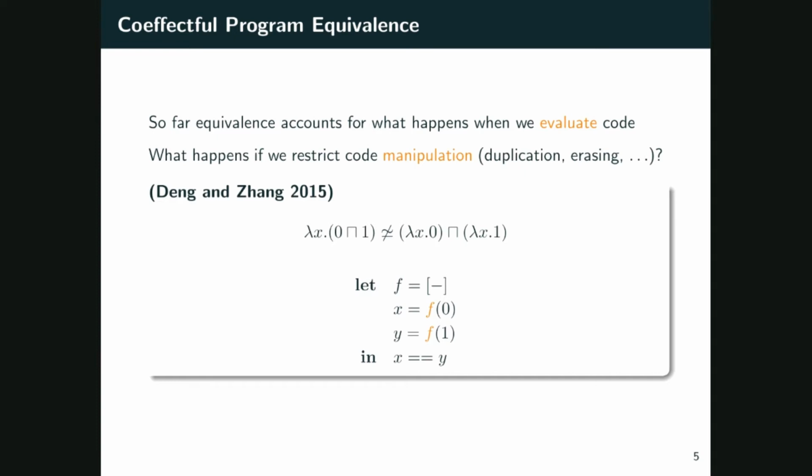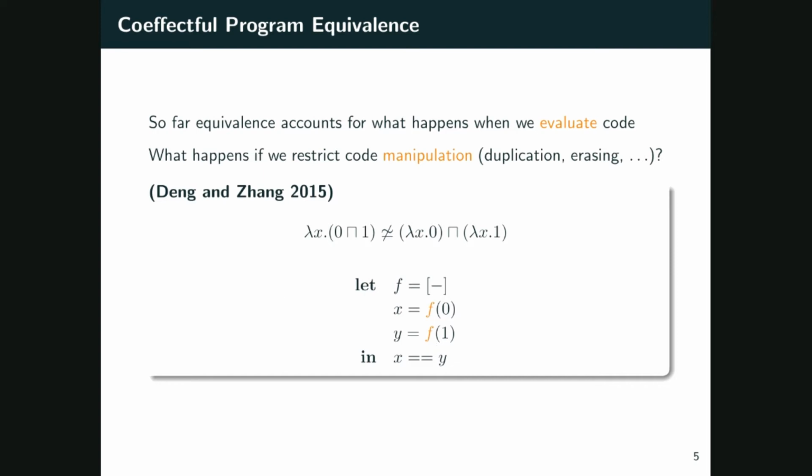And to see why this is the case, they consider this simple context in which we pick the program, we evaluate it, and then we copy the result and evaluate twice, and then we perform some Boolean test.